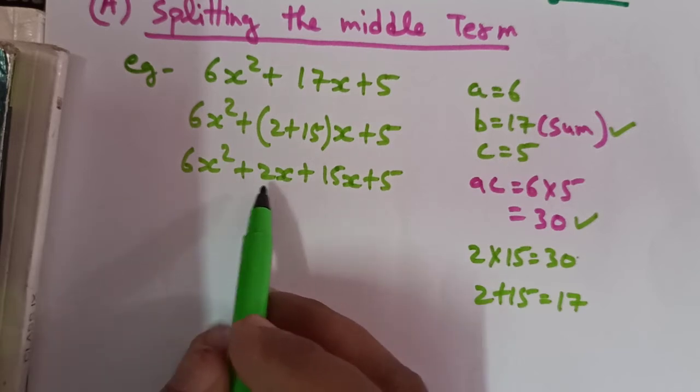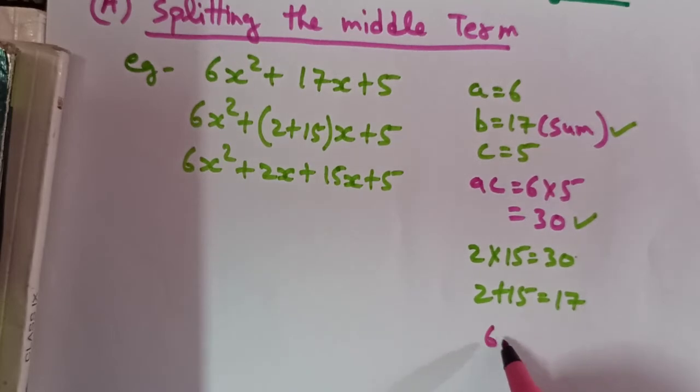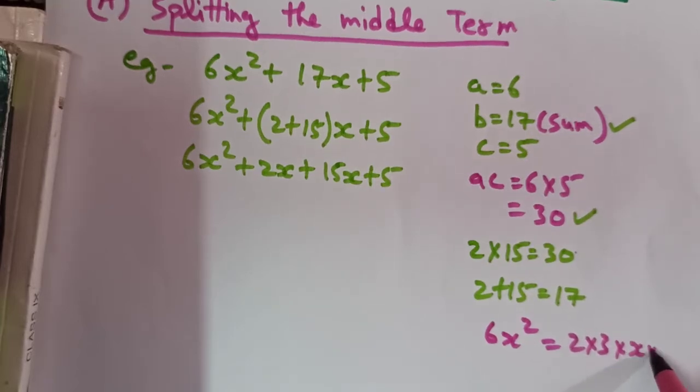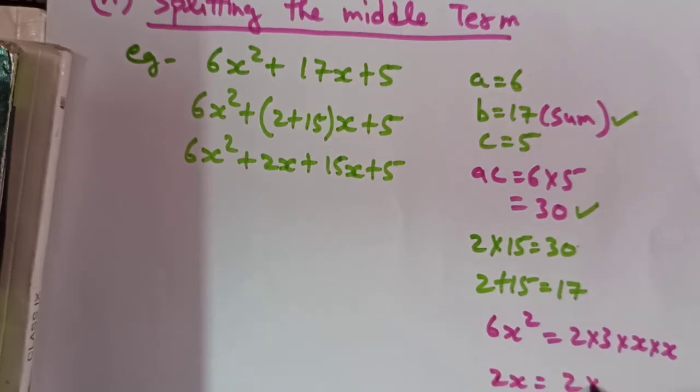First term and second term, 6x square and plus 2x. If we take out the factors of 6x square, that will be 2 into 3 into x into x, and the factors of 2x will be 2 multiplied by x.